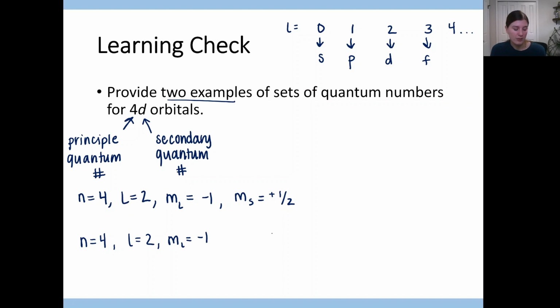Now, 2 electrons cannot occupy the exact same set of quantum numbers. So far, the 2 sets that I've shown are equivalent except for this last value. So this ms value, if I'm going to show a different quantum set, will be equal to -1/2.